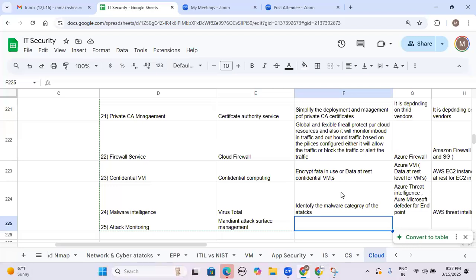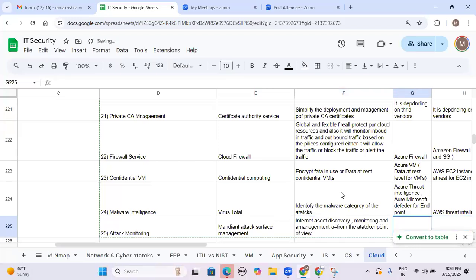Whenever any attacker tries internet asset discovery, it shows how and from where they are coming into the organization, and it will also do monitoring and management. So that is called attack monitoring or Mandiant Attack Surface Management: internet asset discovery, monitoring and management from the attacker's point of view.